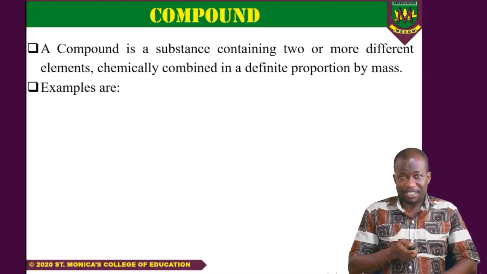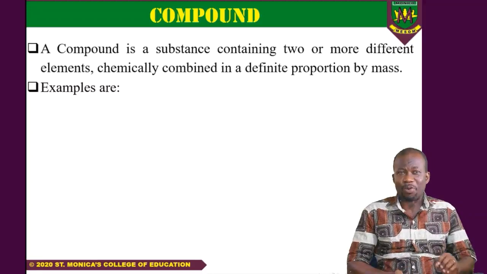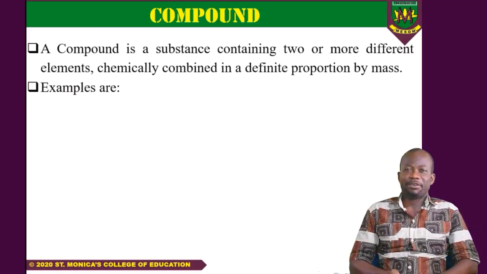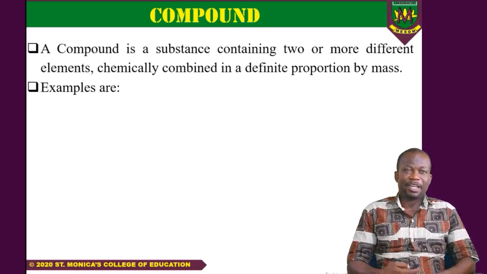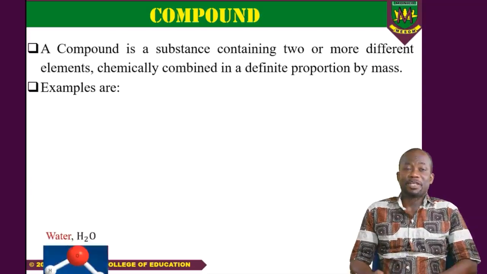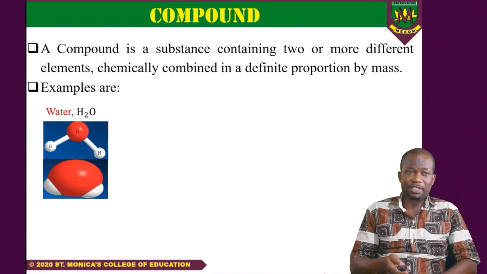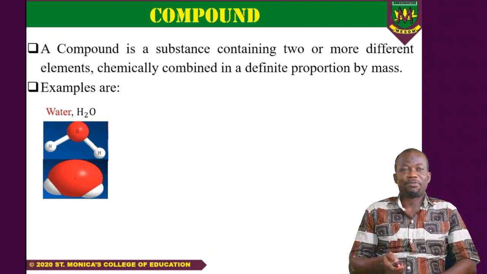So in this sense, if you are asked what a compound is, the underlying factor is that it is a substance, and this substance contains two or more elements that have been combined chemically in a definite proportion. Like I mentioned earlier on, when you are asked to give examples of compound, there are so many of them. You can talk about water, and that is the structure of water.